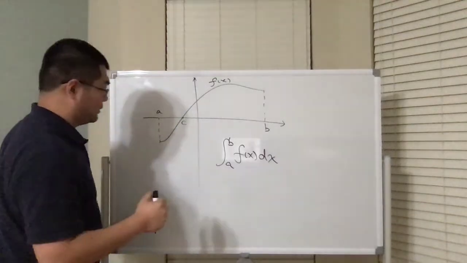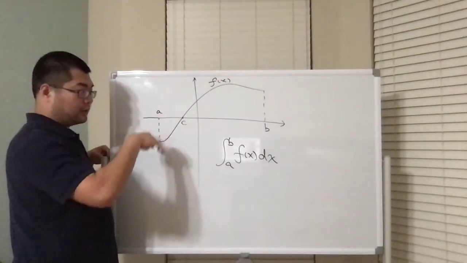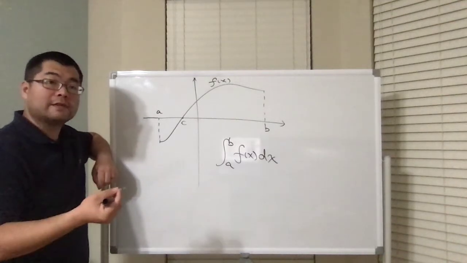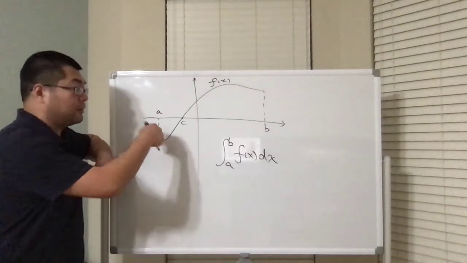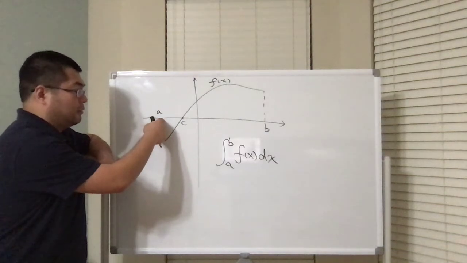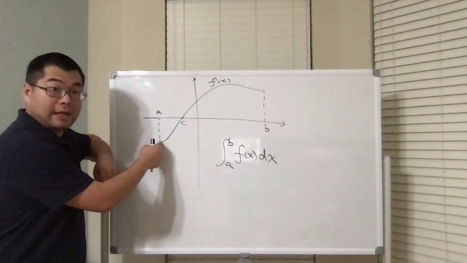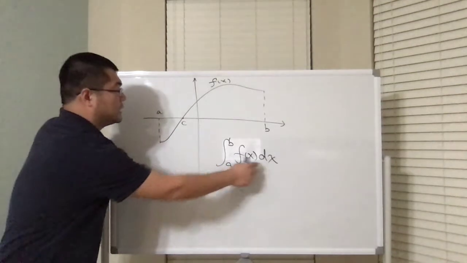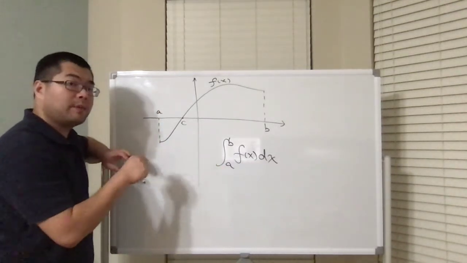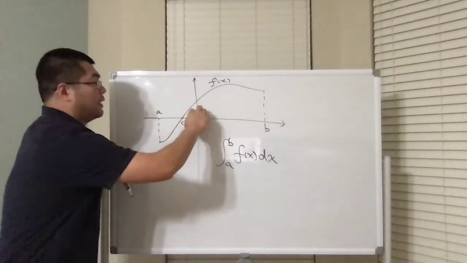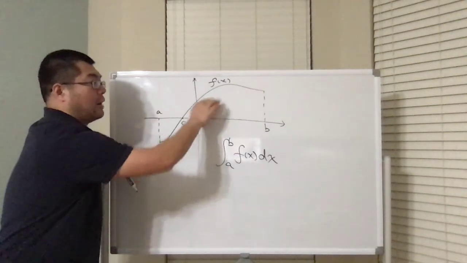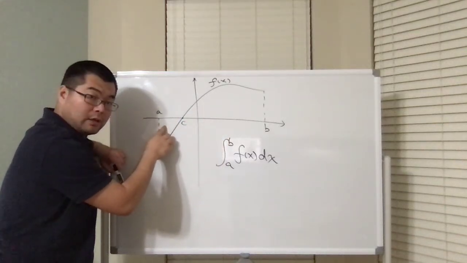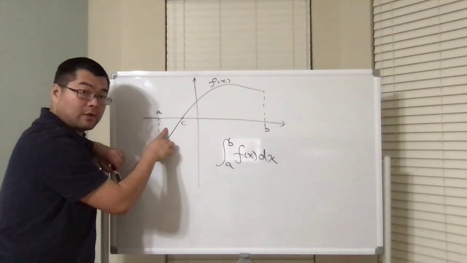Now think about this. If a curve is below the x-axis, you can treat the area as negative. That's the definition, because when you do the partition, the height we multiply by actually is negative. So this integral from a to b of f(x) dx, you can think of it as the area on top with a subtraction of this area, assuming this area is positive.